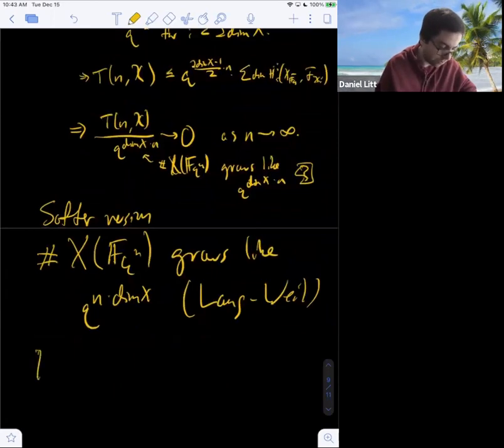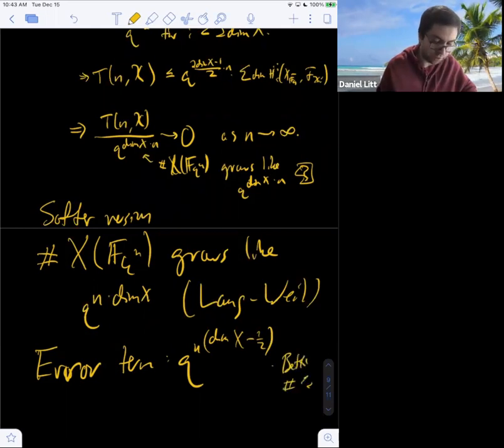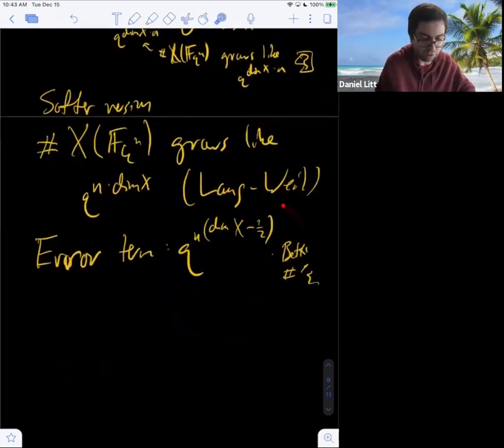So what is the error term? What this tells us is that the error term is something of the form q to the n times (dim x minus 1/2), times the Betti numbers. So the total Betti numbers, for example. So this is the exact same argument, just using the Riemann hypothesis. Cool. Yeah, so this is a softer version of what we just did.